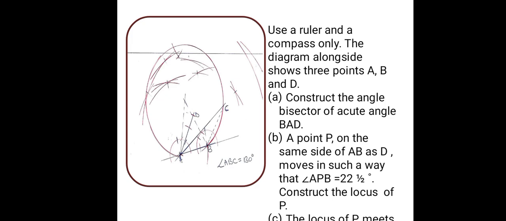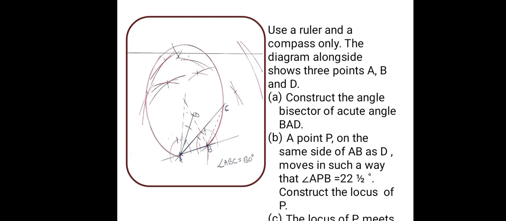Using a ruler and a compass only, the diagram alongside shows 3 points A, B, and D. Construct the angle bisector of acute angle BAD.